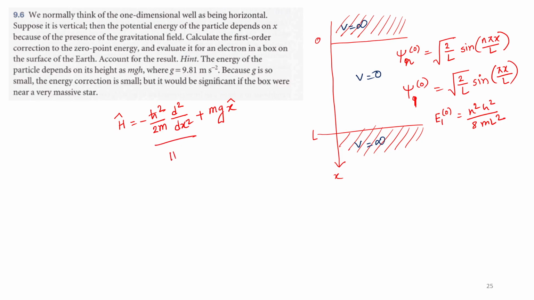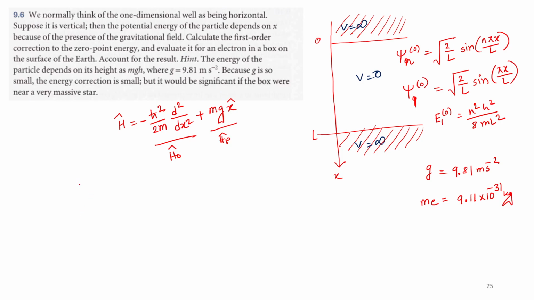So this is your unperturbed part, and this is now your perturbation. Okay, small perturbation. Calculate it and evaluate for an electron in a box on the surface of Earth. So, firstly, g is 9.81 on the surface of the Earth, right? And the mass of the electron is 9.11 into 10 to the power minus 31 kg.